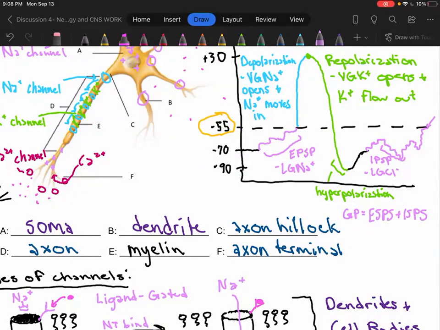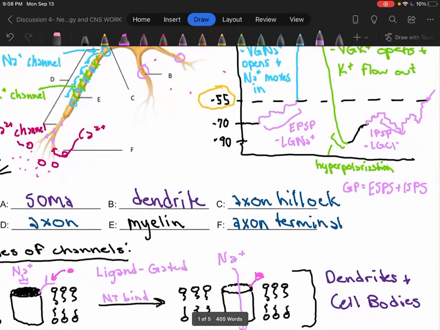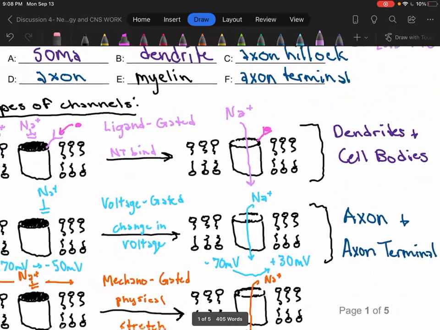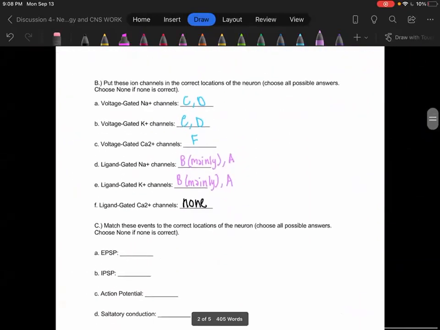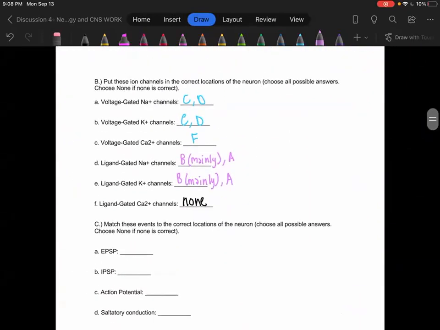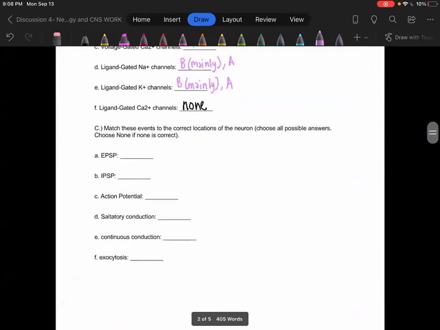However, if it's not strong enough, we will have a subthreshold stimulus and we will not have that action potential. All right, okay, cool. So I should have done that example before B, but you can look at these now again and see how those would make some more sense.